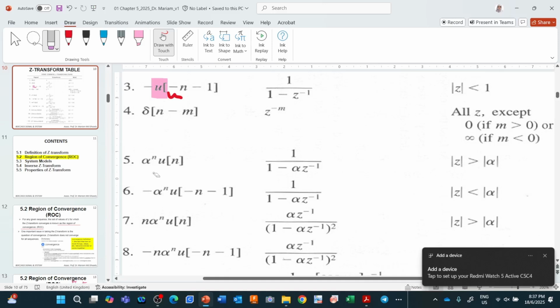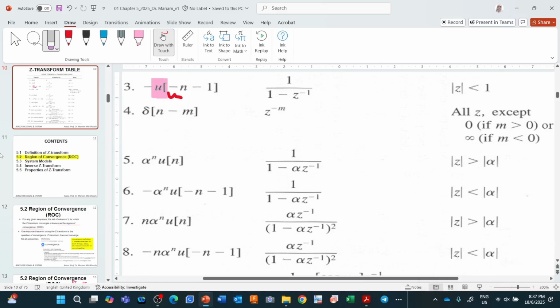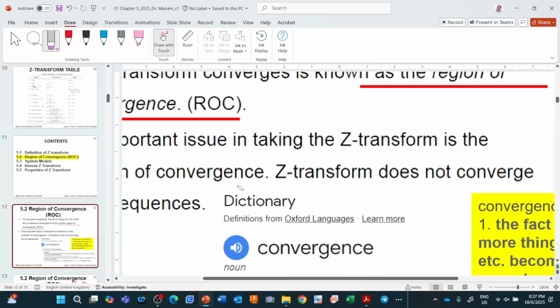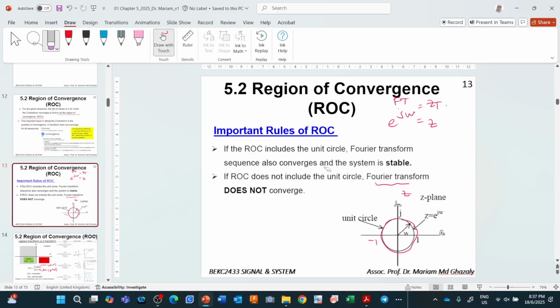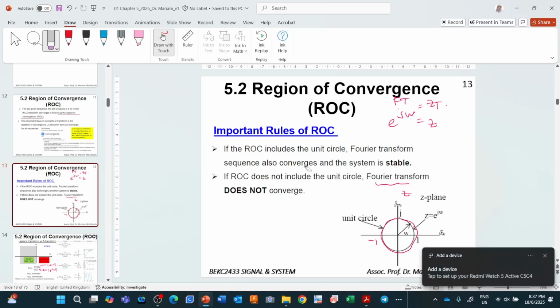So looking at the statement just now: if the ROC includes the unit circle, then the system is stable.